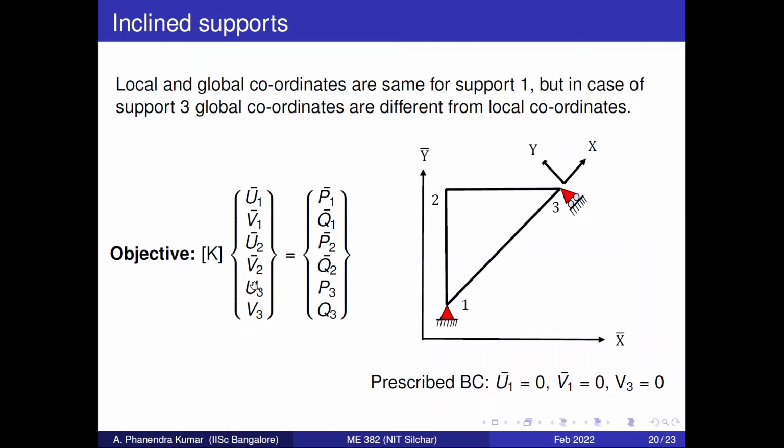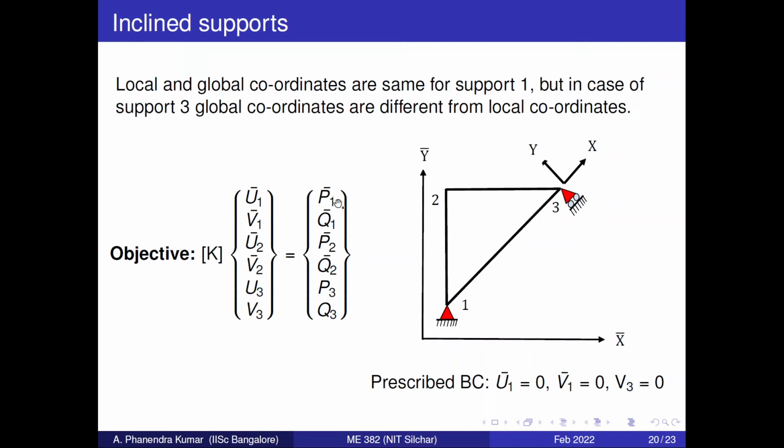If we considered u3 bar and v3 bar, we don't know what boundary condition to apply. That is why we definitely have to consider a local coordinate system for this support, as we know the prescribed boundary condition only in this direction. So it should be u3 and v3.